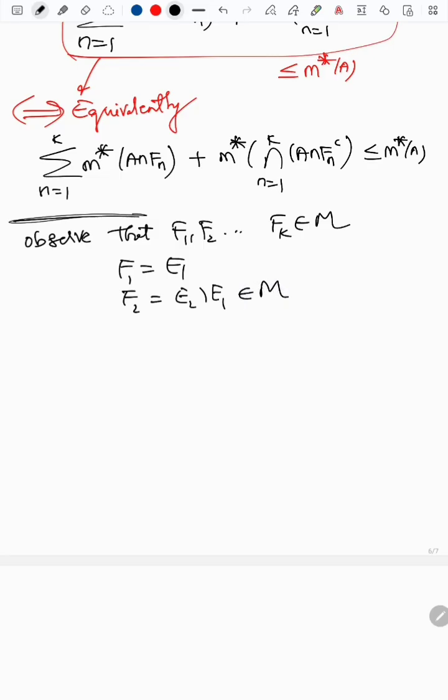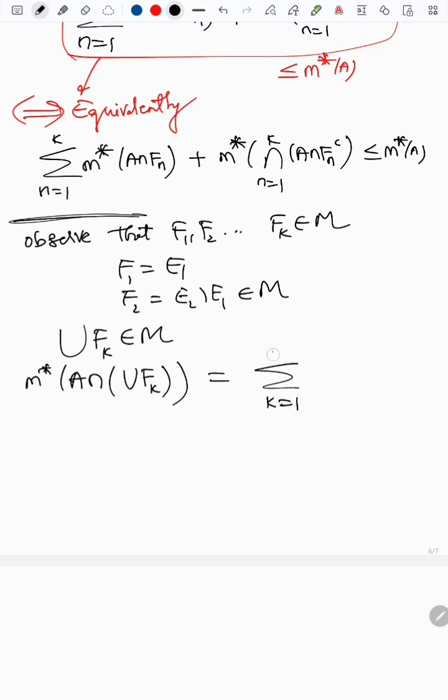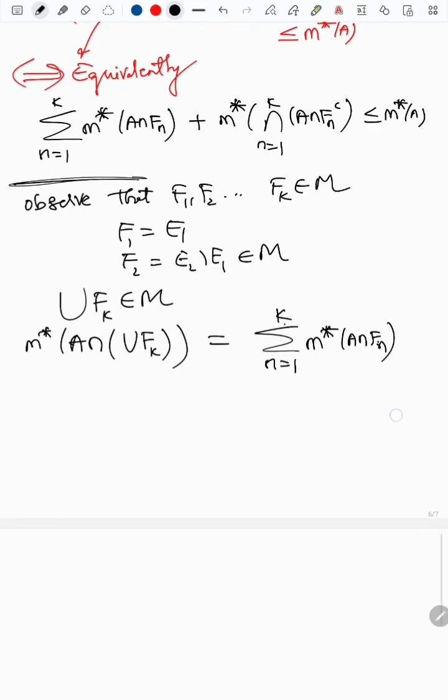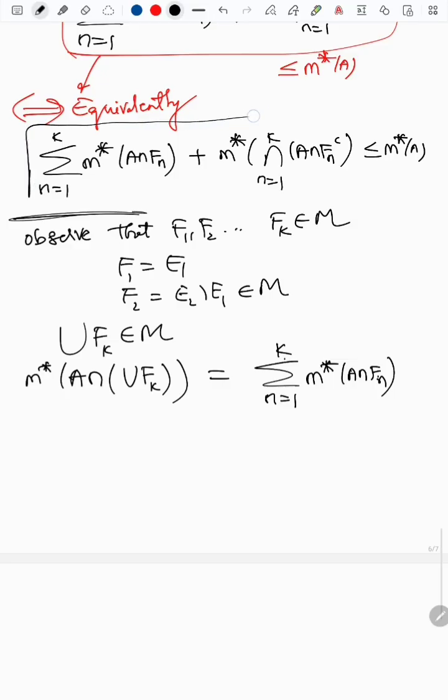Since these belong to M, the union of Fk also belongs to M, and at the same time m star of A intersection with the union of Fk's equals the summation k from 1 to n of m star of A intersection with Fk.